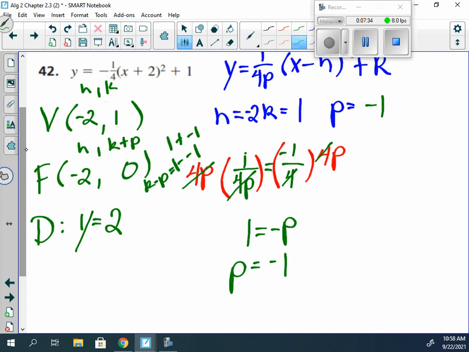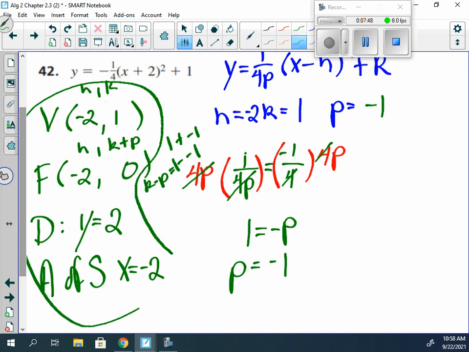So the directrix would be y equals 2. And last but not least, the axis of symmetry would be x is equal to -2. That's it. Questions on this here? Are you ready for the next one? Okay.